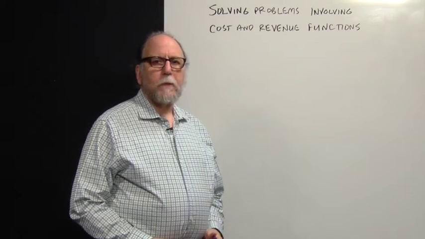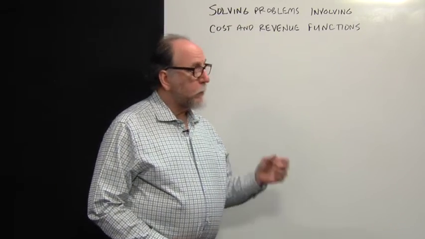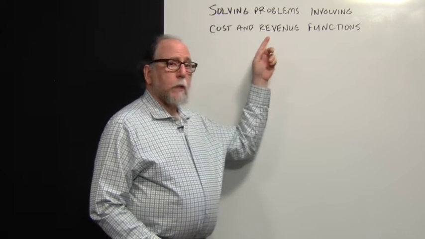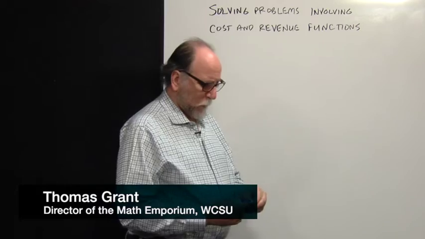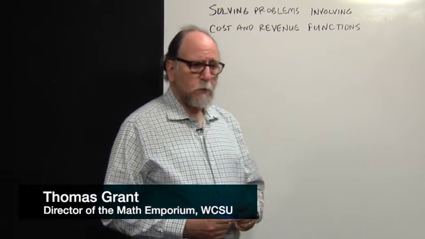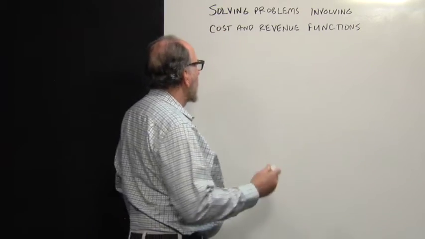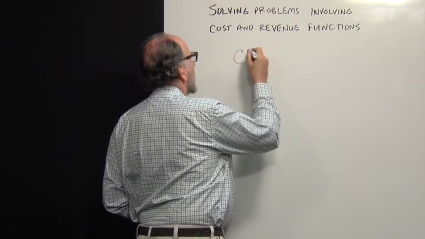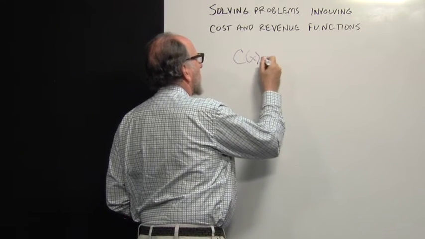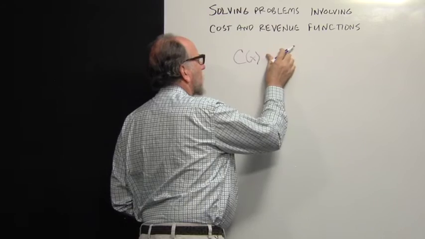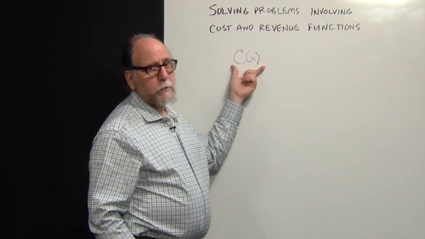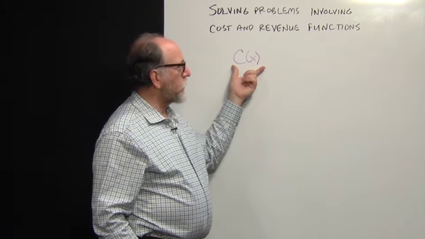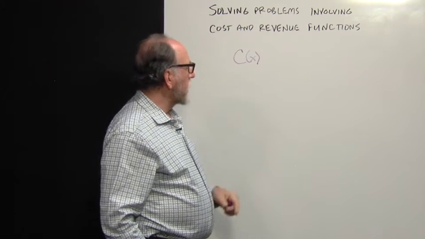Okay, this segment is about solving problems that involve cost and revenue functions. Now, the cost function is a business issue, obviously. The cost function is usually notated capital C of x in function notation, so we know it's cost.